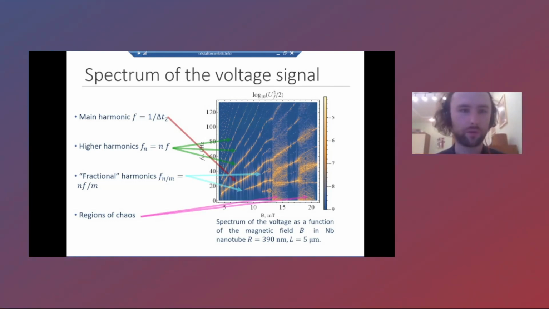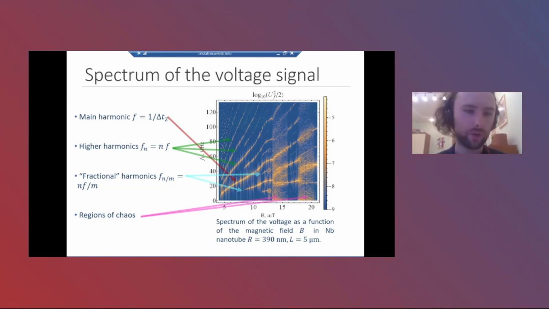First of all, we have a main harmonic in the spectrum, which is plotted as a function of the external magnetic field. This main harmonic is associated with the period of the nucleation of our vortices. With green arrows we point to the higher harmonics, and they are associated with the main harmonic because our system is nonlinear.